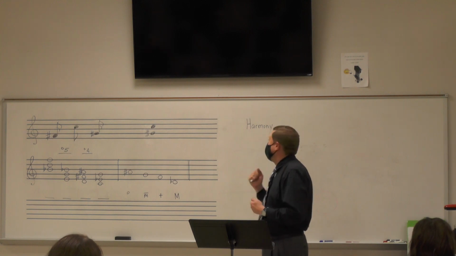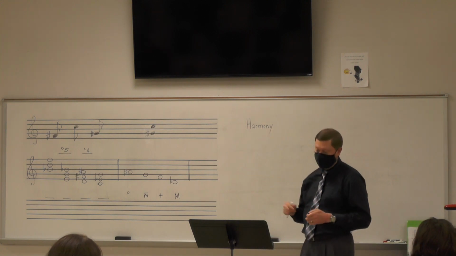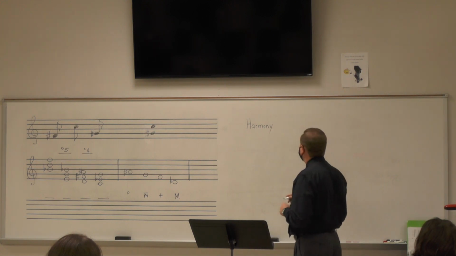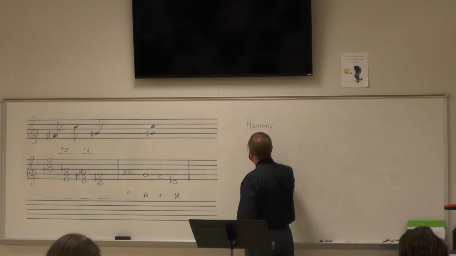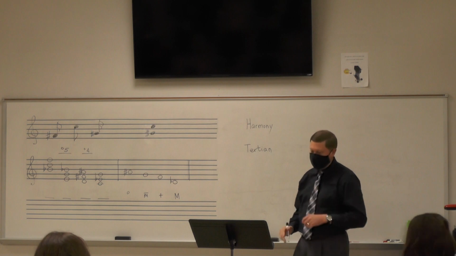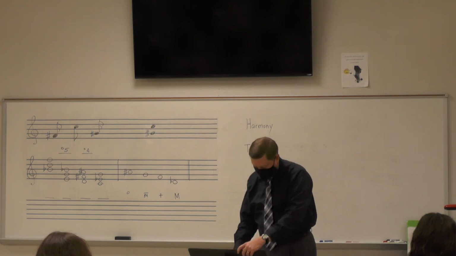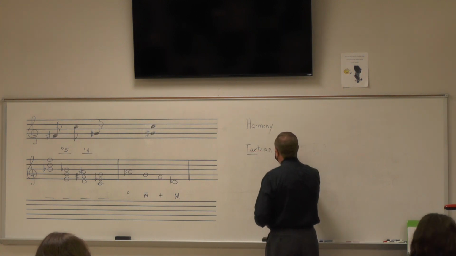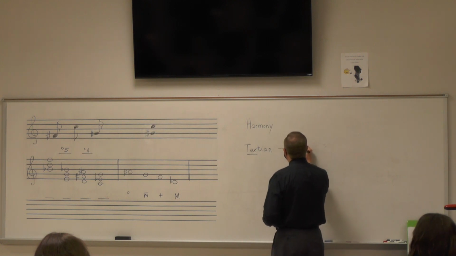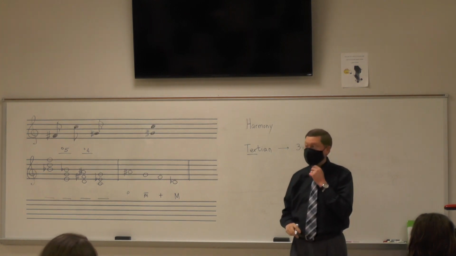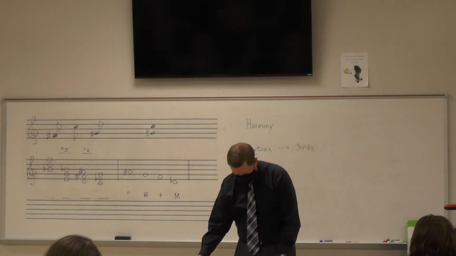Tonal music, the style of music that we're studying, makes use of what we call tertian chords. So here's another fancy word, spelled T-E-R-T-I-A-N. Tertian chords, and the prefix TER in this case refers to the number 3, or more specifically for our purposes, to intervals of thirds.